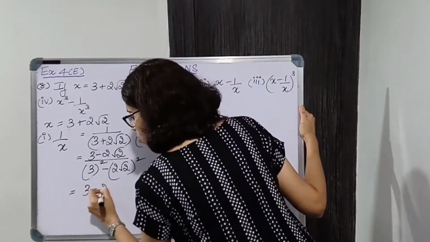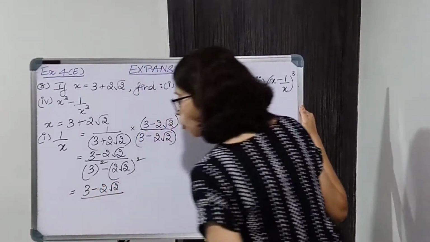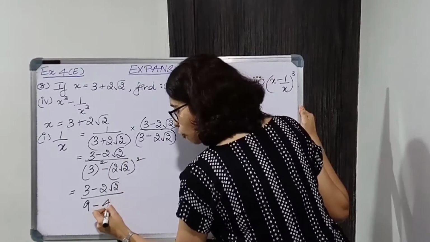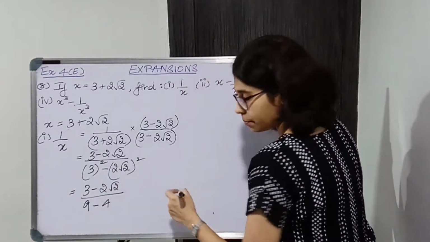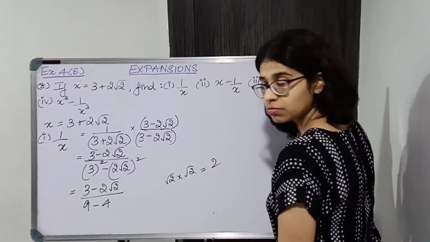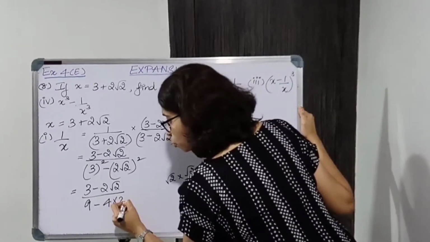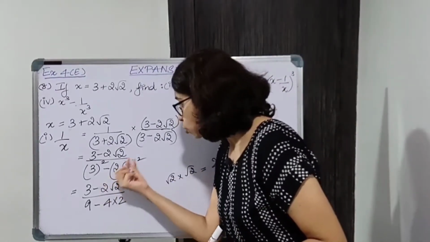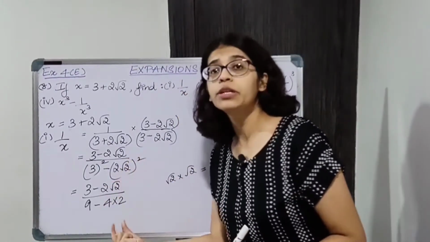So 3 minus 2 root 2 upon 3 का square is 9. 2 का square is 4. Root 2 का square is 2. So 4 into 2. Don't forget this, इसका भी square करना है. Square 2, it will give 4. Square root 2, it will give 2.